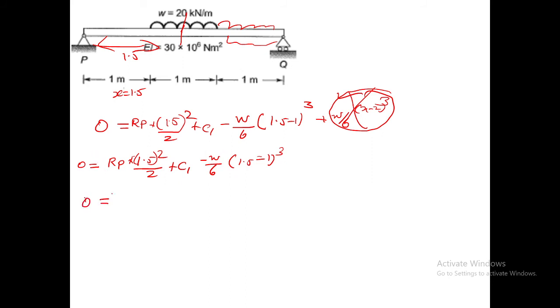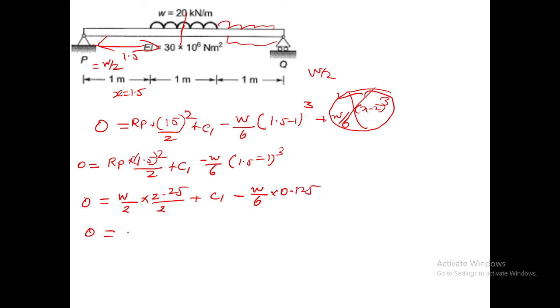RP equal to W by 2, here also W by 2. So W by 2 into 2.25 divided by 2, plus C1, minus W by 6 into 0.125.